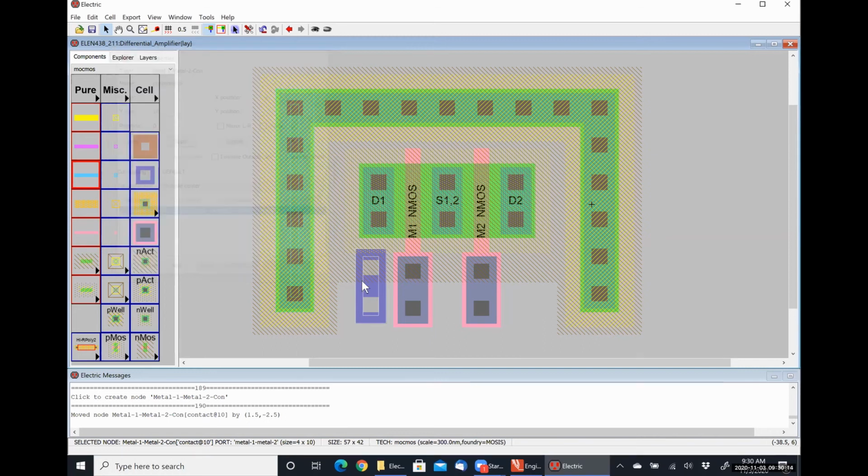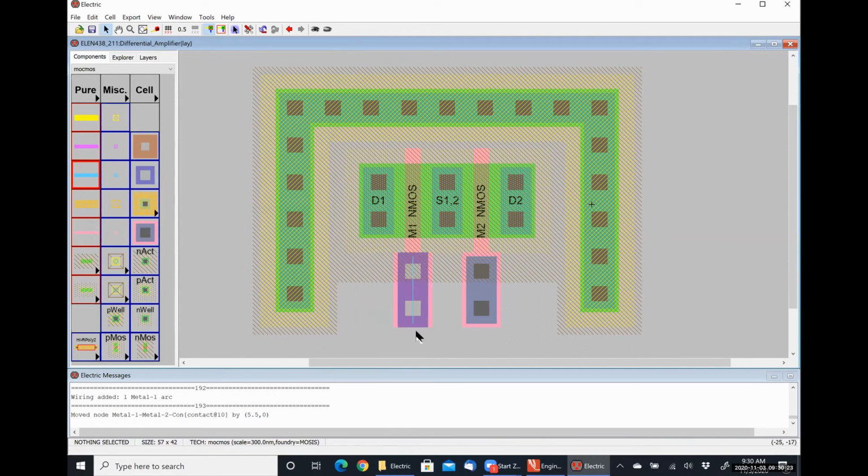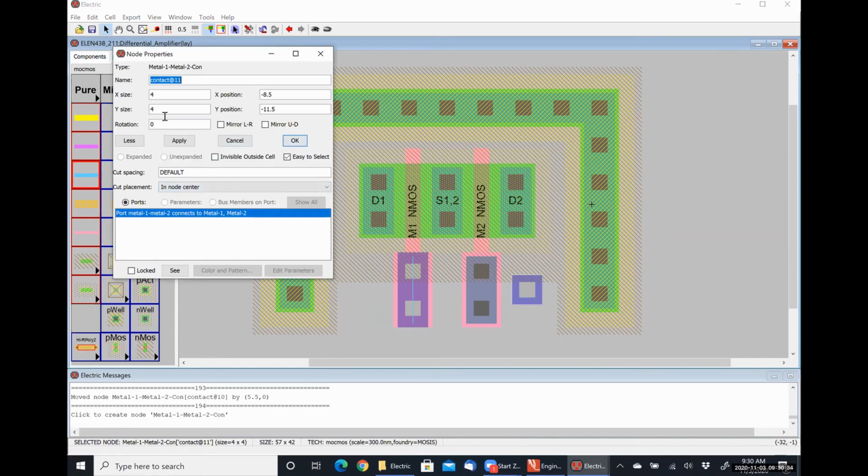Yeah, so now I get both vias. Do the same thing on the other side. 4 by 10.